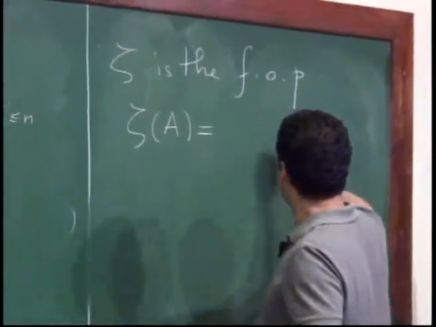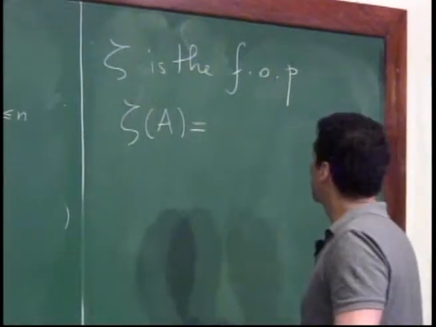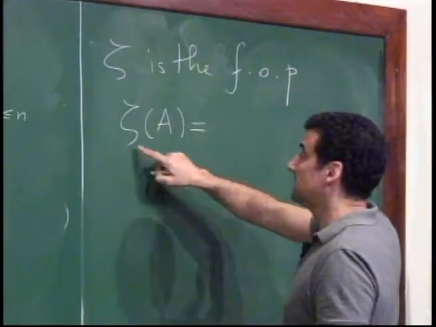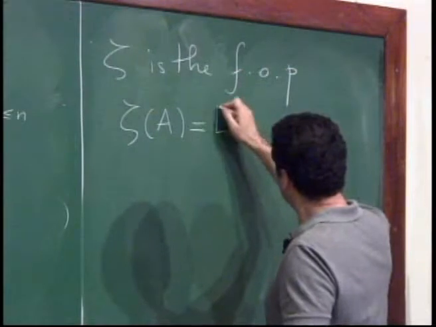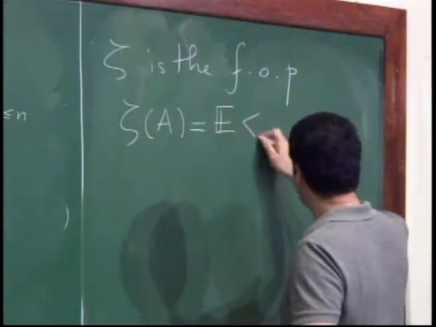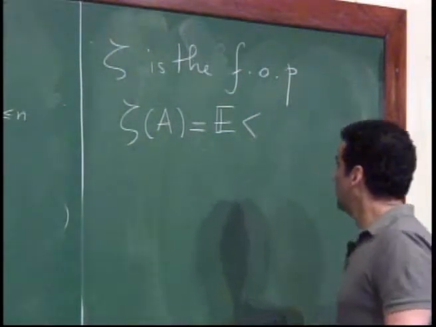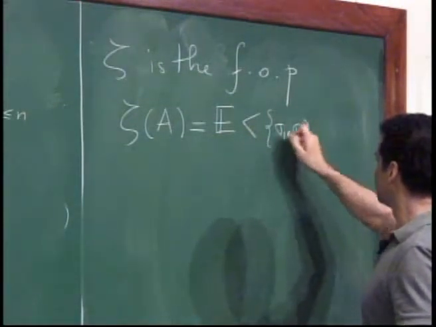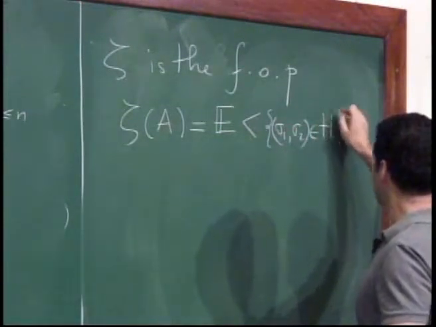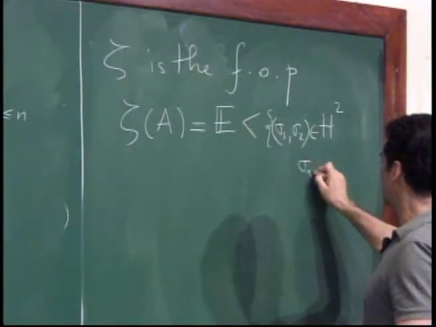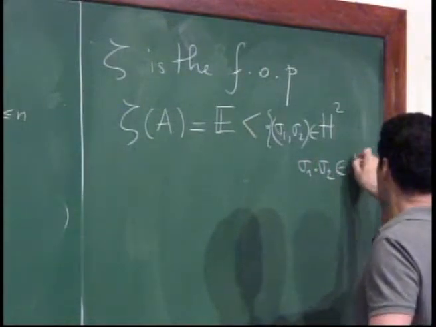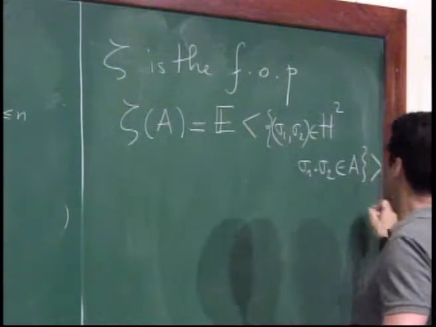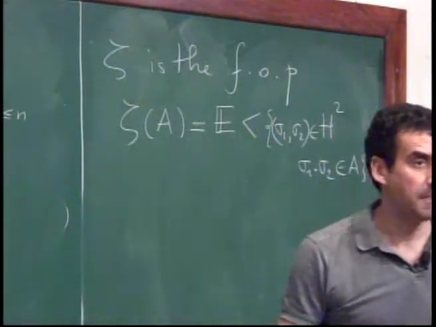So zeta is a probability measure on R, and it's given by, take the mean of that, of the set of a replica, if you want, sigma 1, sigma 2, such that their inner product is in A. Okay?